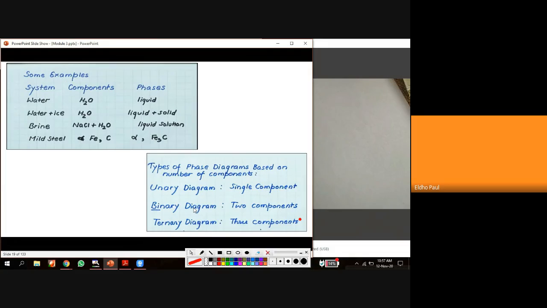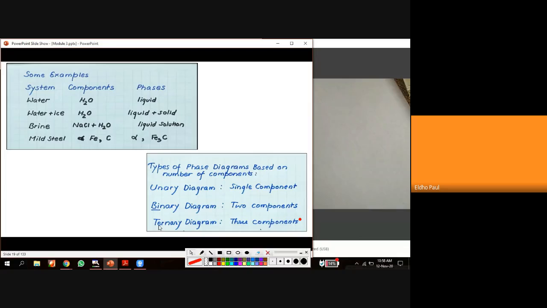For example, if you draw the phase diagram of copper and nickel, we have two components, one is the copper element and the second one is the nickel element. So such a diagram is called a binary phase diagram.